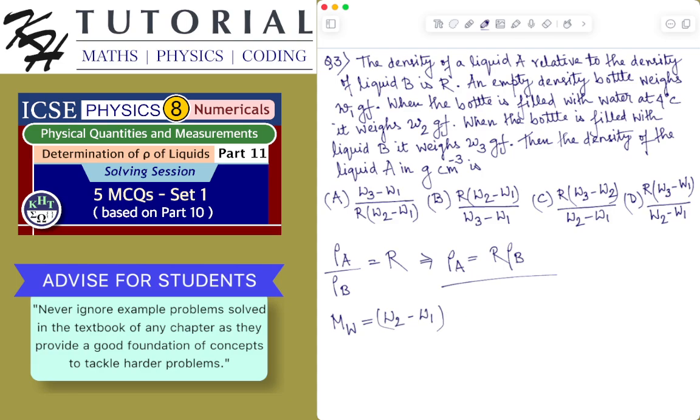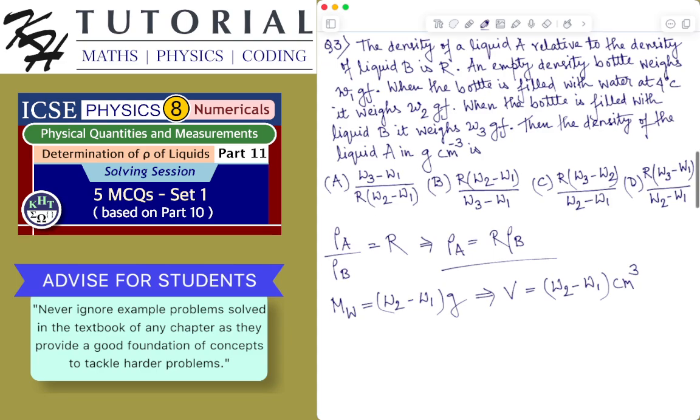This implies that the volume of the density bottle will be W2 minus W1 centimeter cube. Since the density of water at 4 degrees centigrade is 1 gram per centimeter cube, W2 minus W1 gram of water will have a volume of W2 minus W1 centimeter cube.